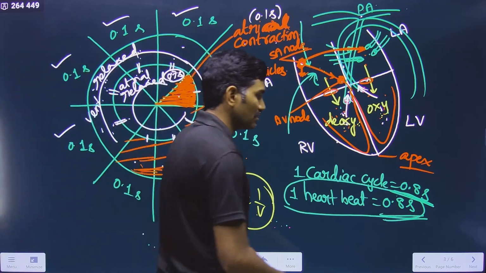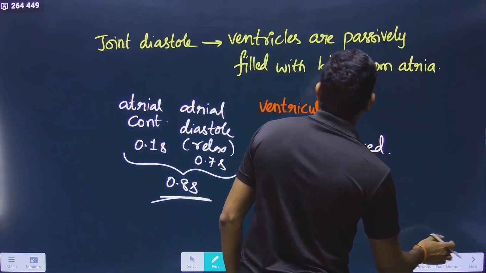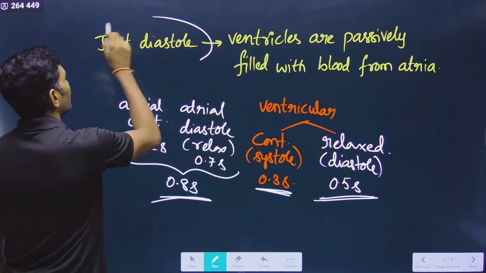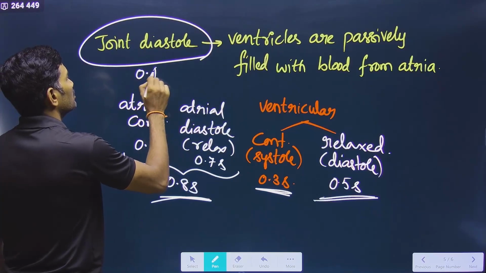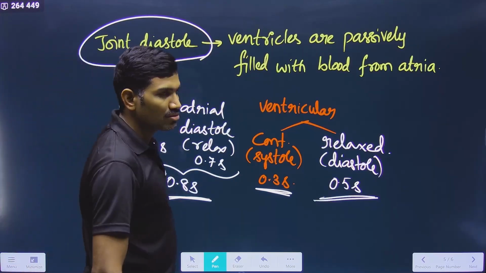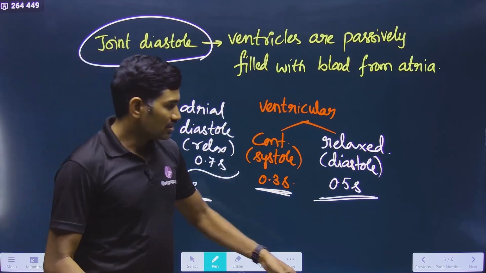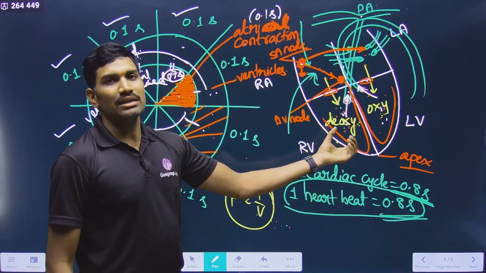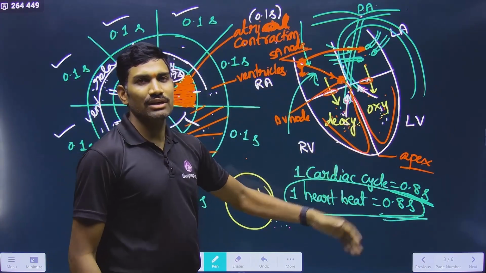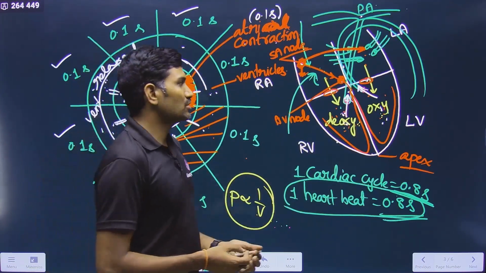It is 0.4 seconds. So the time for joint diastole is 0.4 seconds. From that particular graph, you can understand this. And once this contraction and relaxation is completed, again joint diastole will come. In the joint diastole, what happens?